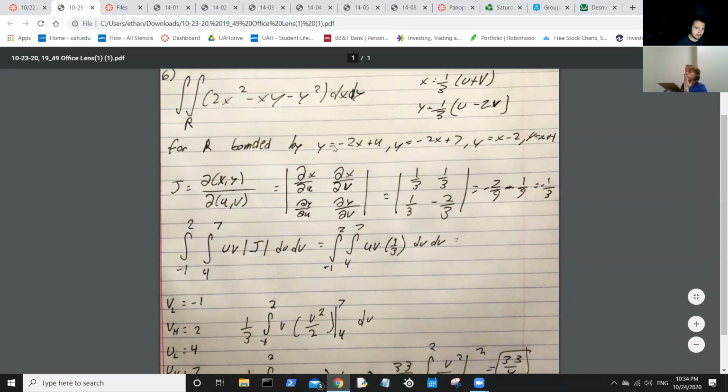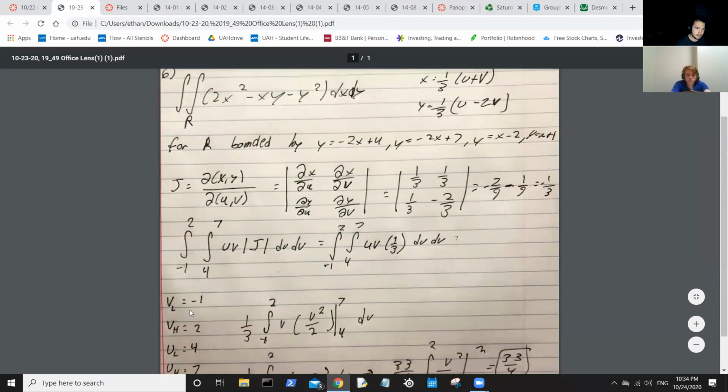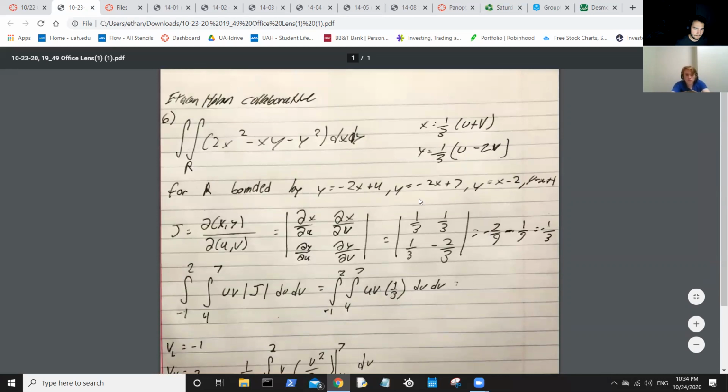I got them from these formulas, right? That's where I got them. Yes. So something over here is where I did V low, V high, U low, U high is how I defined these things. And I believe I got these from up here. Where did I redefine these things?